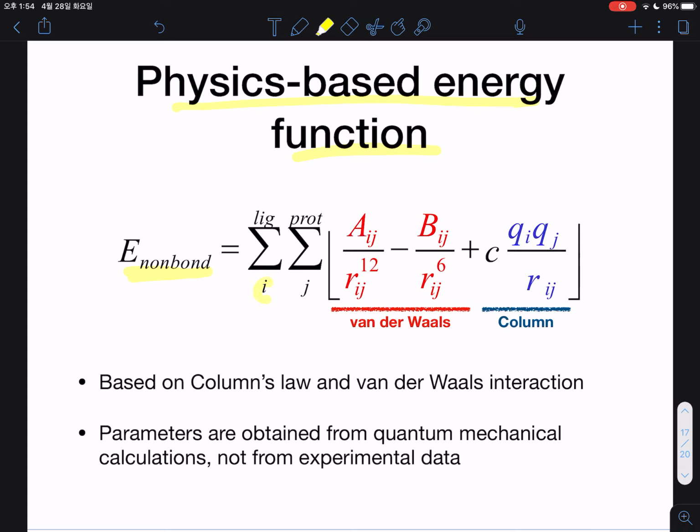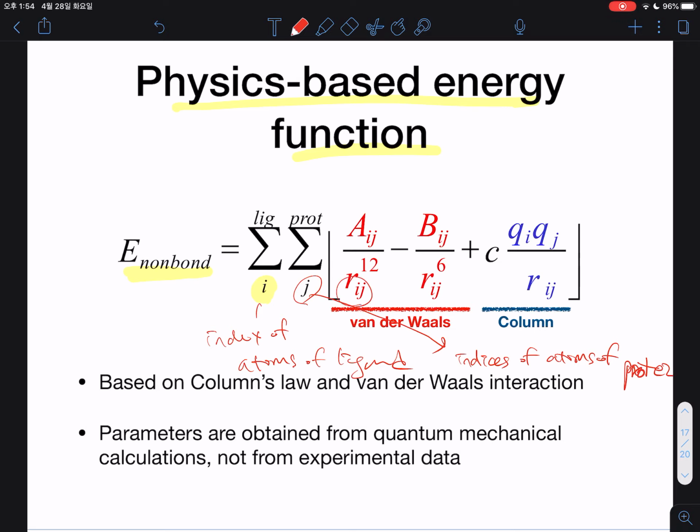Here i is the index of atoms of the ligand, and j is the index of atoms of the protein. Here Lij is the distance between atoms in the ligand and atoms in the protein.